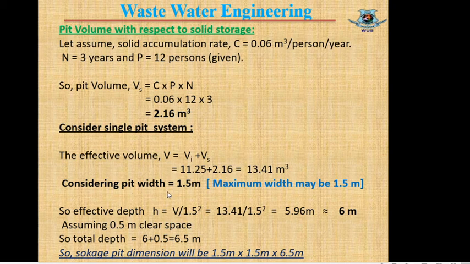As earlier I have said, we will design the pit as a square pit, so the area of the square pit will be dimension squared, 1.5 squared. Finally, the effective depth stands at 5.96 meters, and by rounding it we can get 6 meters. Now we need to add a clear space of 0.5 meter, so the total depth would be 6.5 meters.